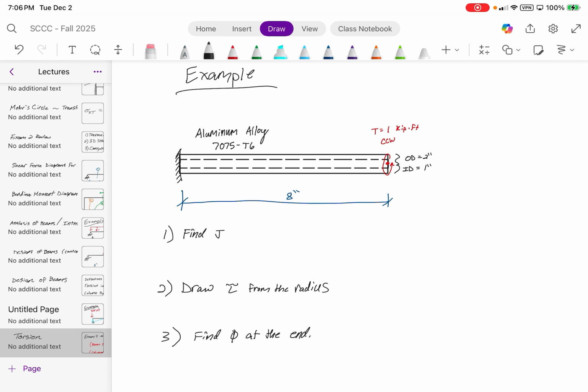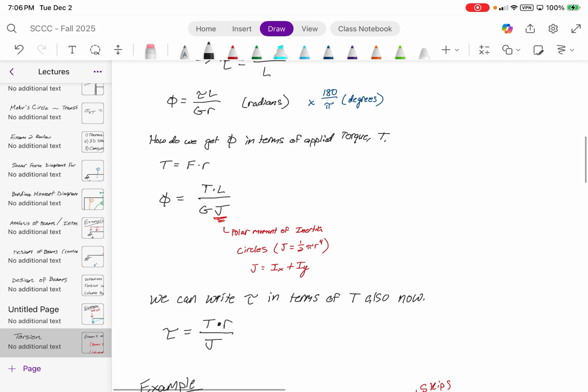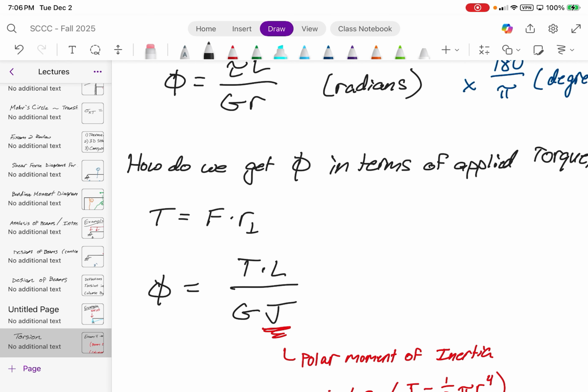That would be L. Let me come up here and change this.